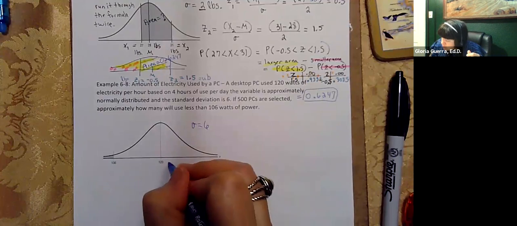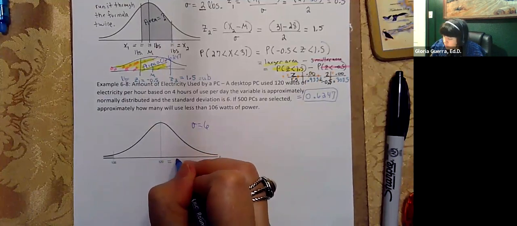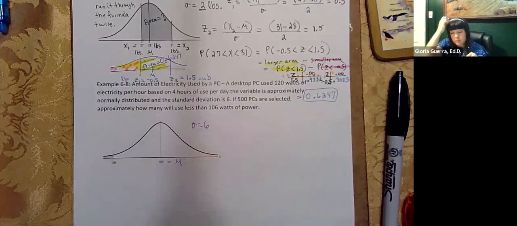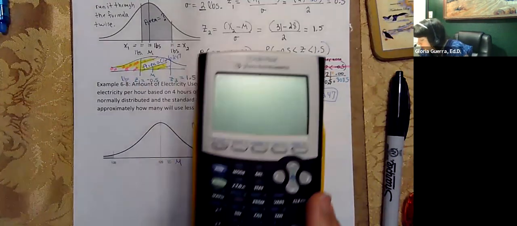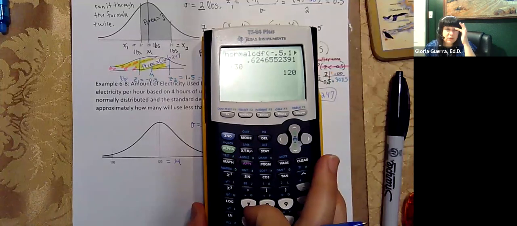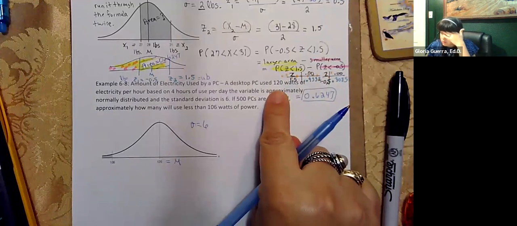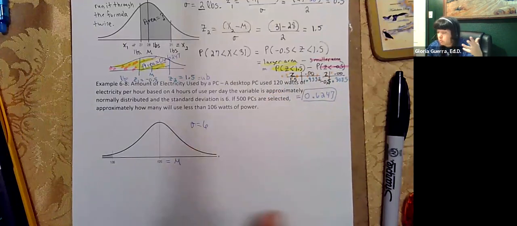And then this is, see, they already have this drawn up for you, but that's your mu. It's 120. So I guess 4 hours per day, if you do like 30 days in a month, 4 times 30 is 120. So that's kind of where that's coming from. And they also said 120 watts here, and they were just basing it on 4 hours of use per day.